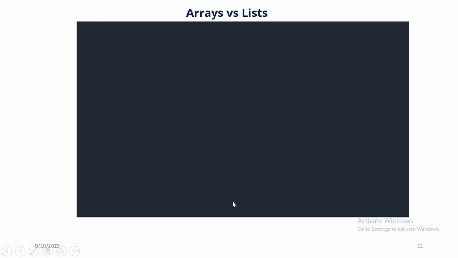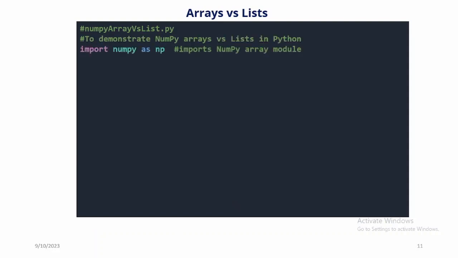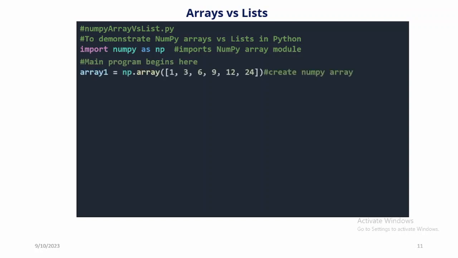Now we'll see another example that demonstrates arrays versus lists. We call this NumPy array versus list.py. As usual, we import NumPy and give it an alias. Popular alias is np. Main program begins here. So we say array1 equal to np.array 1, 3, 6, 9.